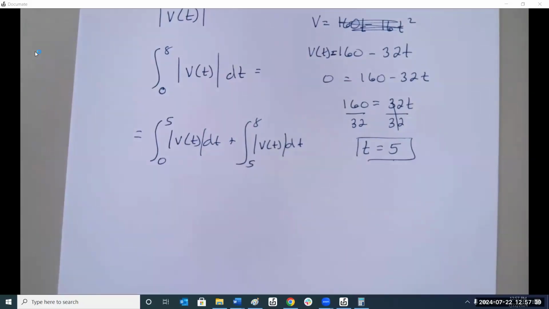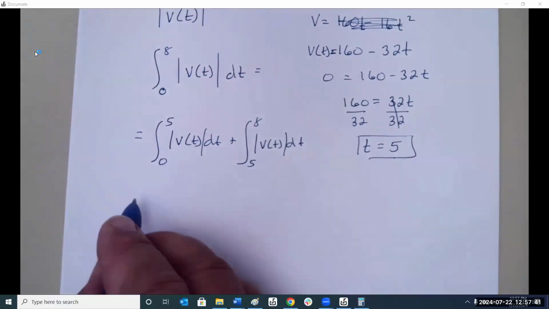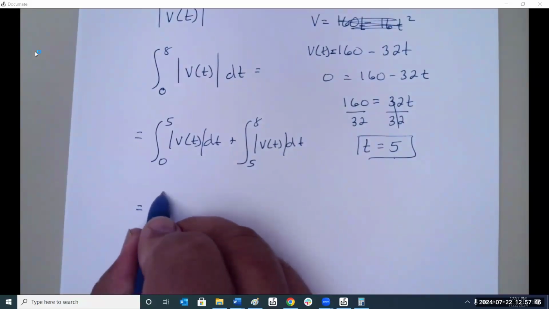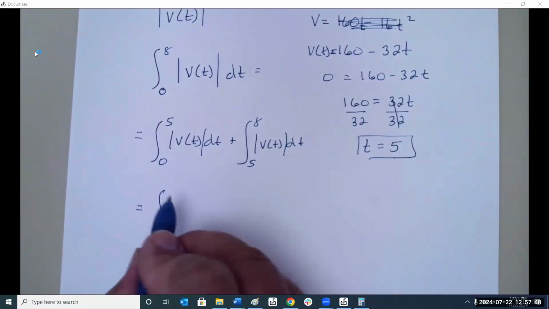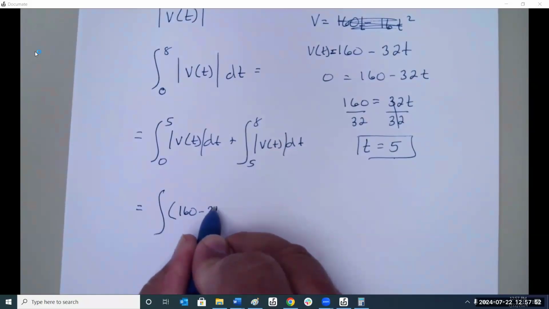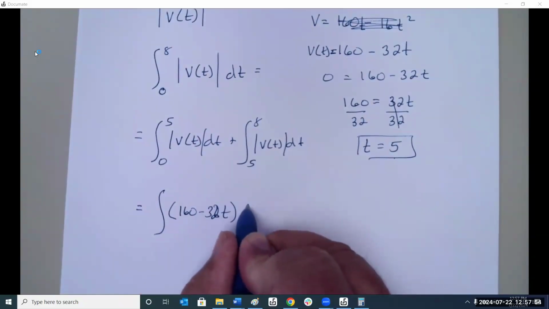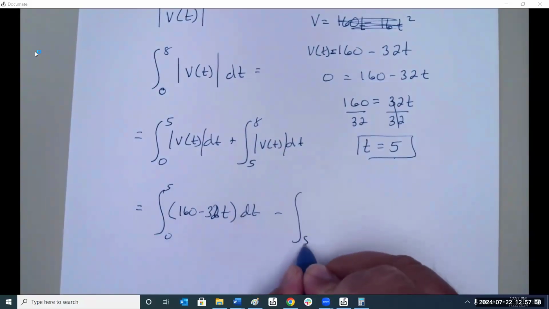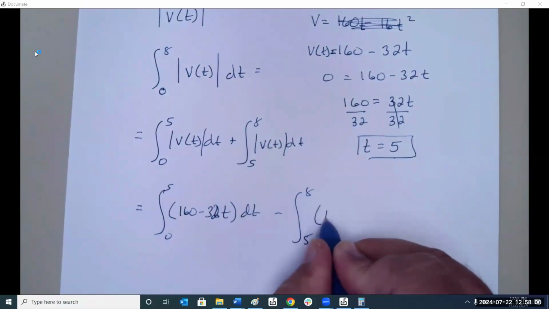So we have to get rid of those. So that's going to be, since it goes 160 minus 32t, from 0 to 5, and from 5 to 8.